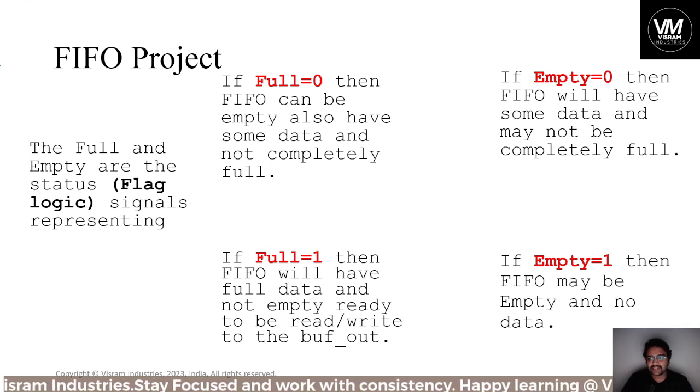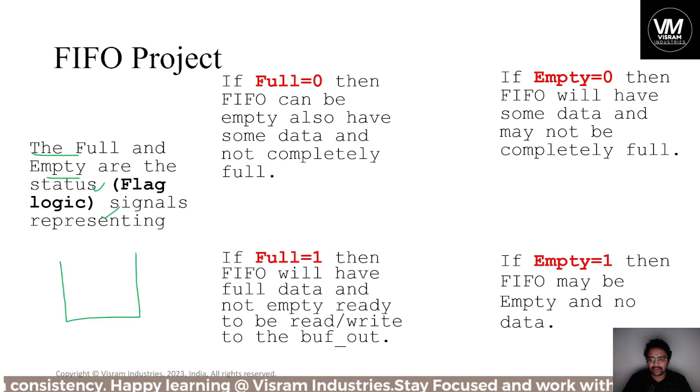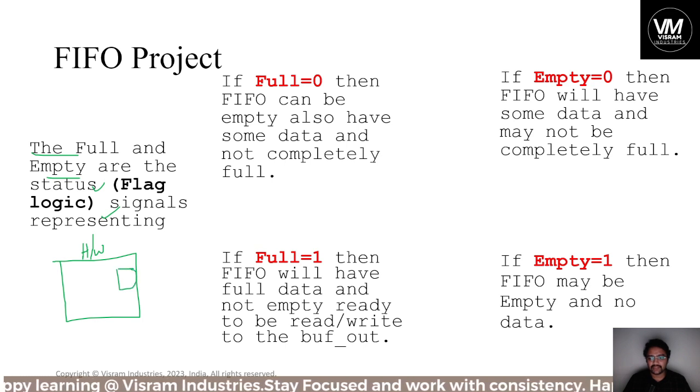Okay, now coming to the actual understanding of what is full 0, empty 0, full 1 and empty 1. You can see the full and empty are the status signals representing acknowledgement, as I have said in the last lecture. Acknowledgement is something we need to understand from the FIFO logic. If you have FIFO hardware, it should communicate for us, because unless we have this empty and full flag, we can't understand whether we can read or write.